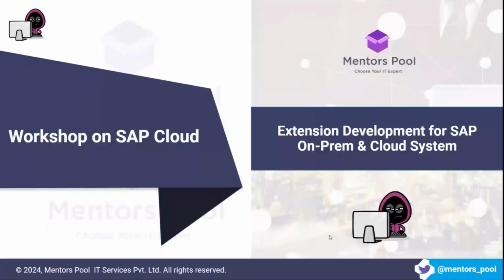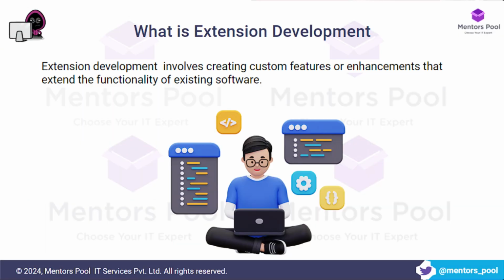Please go ahead. Today we are going to talk about extensions development for SAP on-premise and cloud systems. And extensions is basically when you try to alter how the standard SAP behaves, standard ERP behaves. If you want to look into the history a little bit, the old approach to extension development was via this in-house programming language called ABAP.